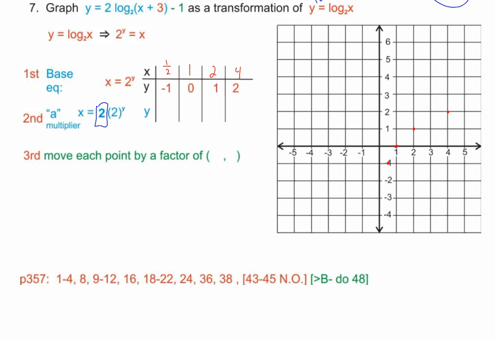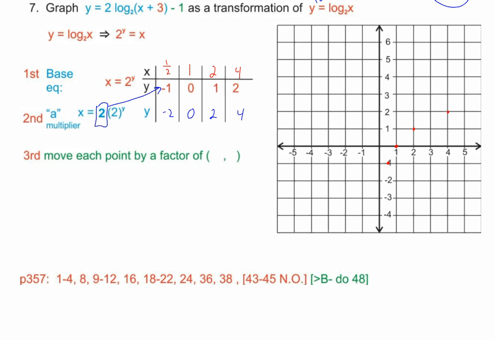We have a multiplier of 2, and this is going to change all of our y values. So we're going to multiply times each y. This negative 1 now becomes a negative 2. You follow? So we're going to multiply each time. Negative 2. This is still 0. This is 2, and this is 4.